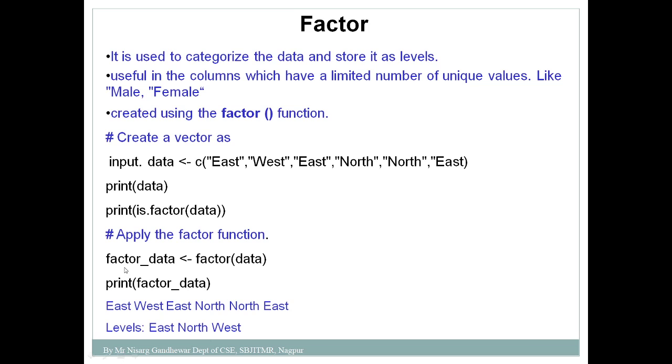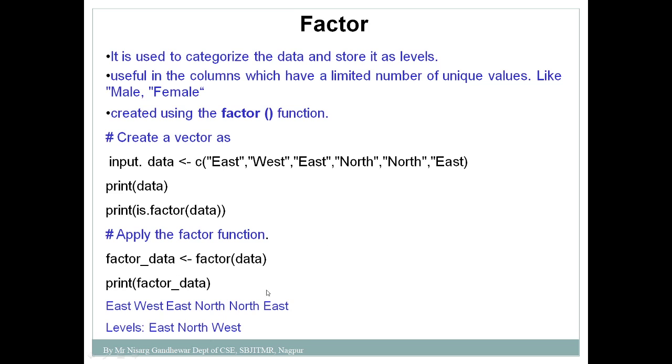So here factor_data is a variable to which I am assigning the result of applying the factor function on the variable called data. Once I apply the factor function on this variable data, all the data present in that variable gets categorized and its levels are displayed. So suppose I print the value of factor_data, I will get the output like this.